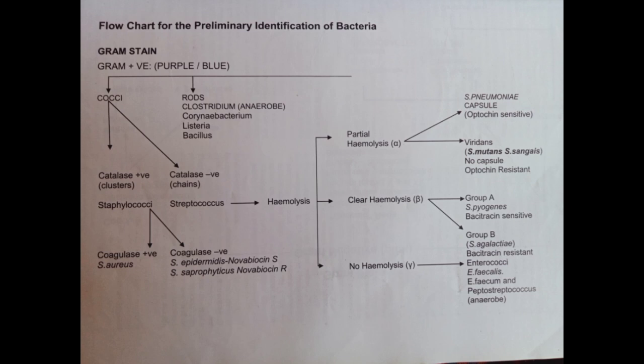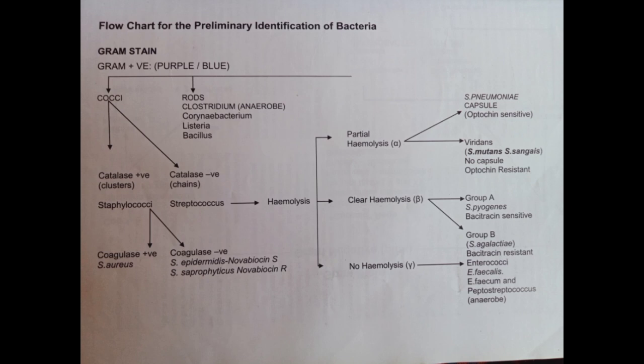So first let's discuss the gram-positive bacilli, or rod shape. It contains the bacteria Clostridium, Corynebacterium, and Listeria, and Bacillus. And the second one is the gram-positive cocci. Gram-positive cocci are further divided into two subgroups: gram-positive Staphylococci and gram-positive Streptococci.